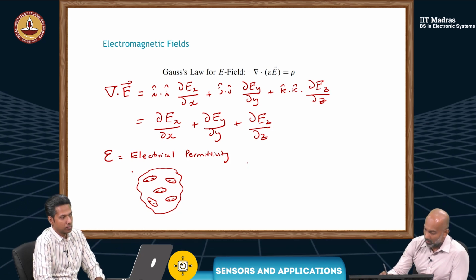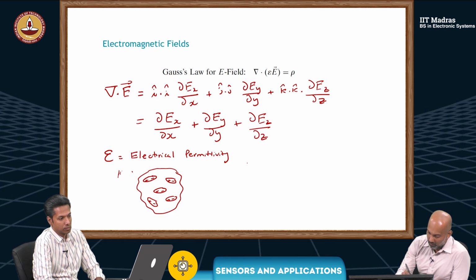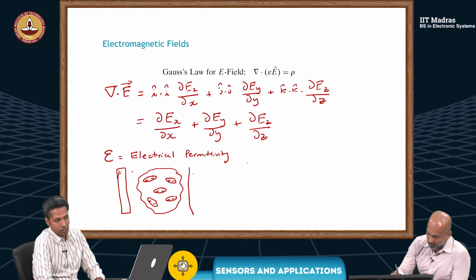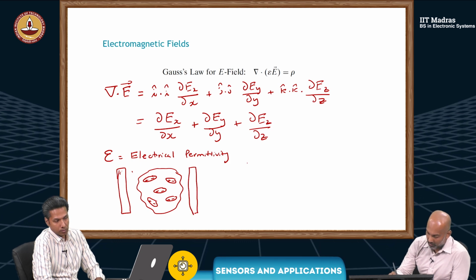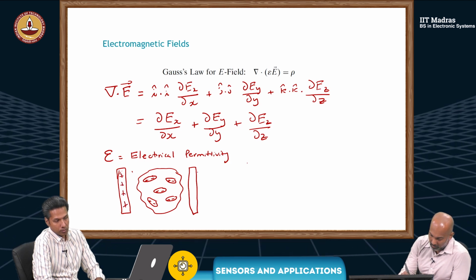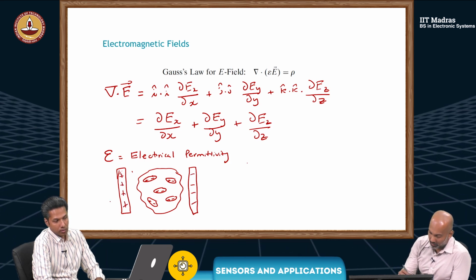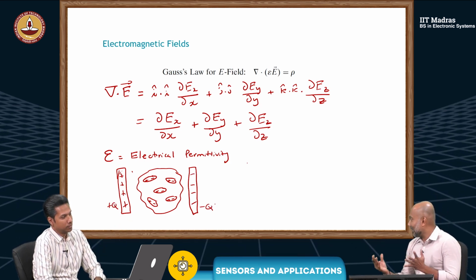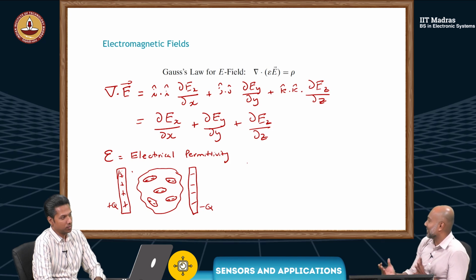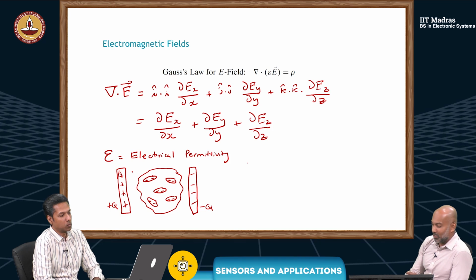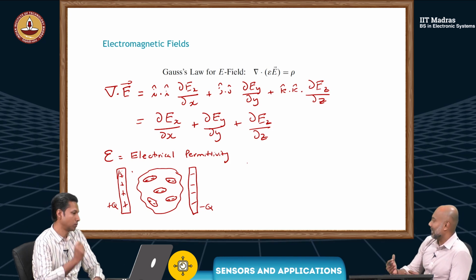Now, imagine you expose this to an electric field. Let's say there are two conductive plates of a capacitor, with positive charge on one side and negative charge on the other.